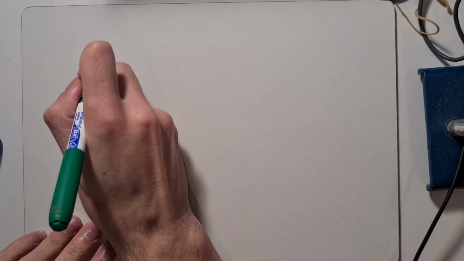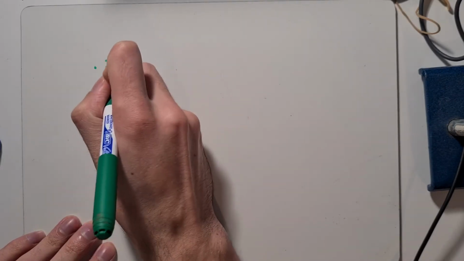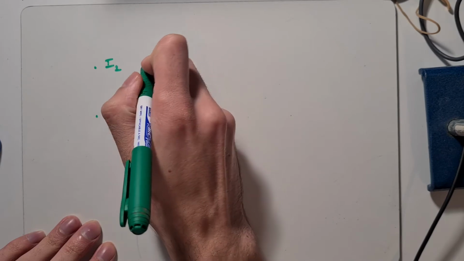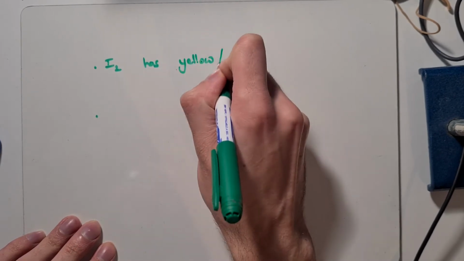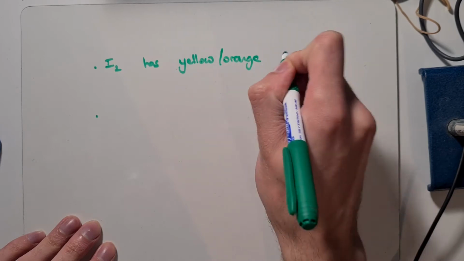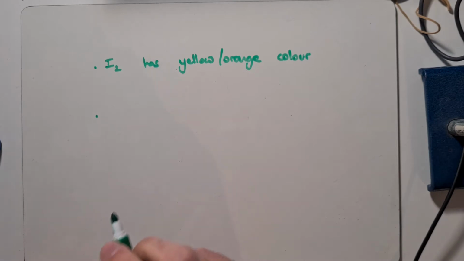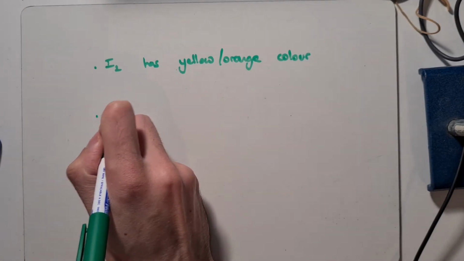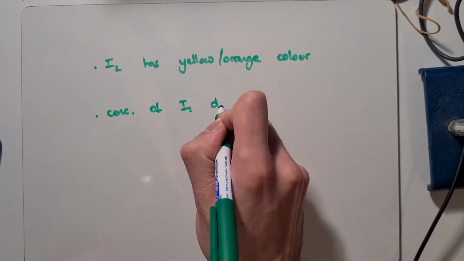And you needed 2 parts, generally people only put 1 part in. So you had to make clear that iodine, or I2, has a yellow or orange colour. Then you need to say the concentration of I2 decreases.